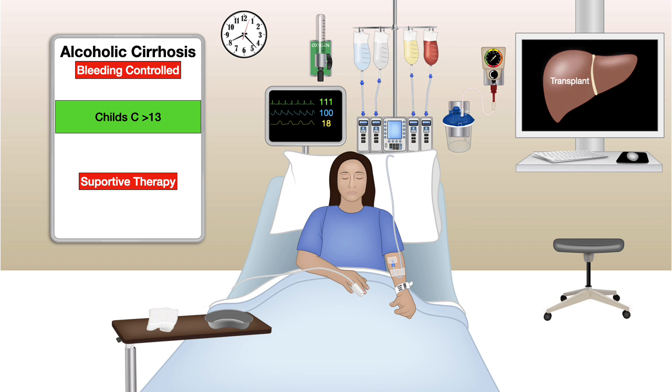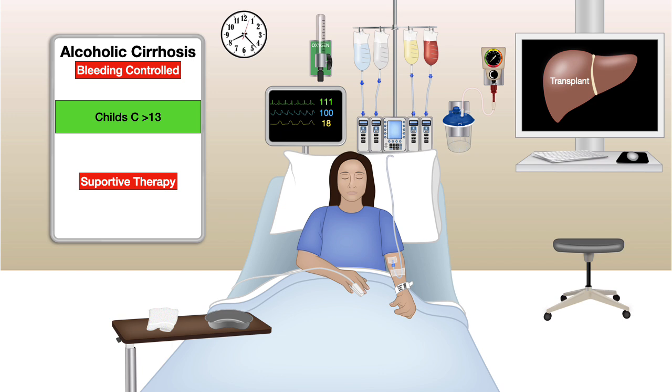So we talked about how to manage variceal bleeding, medical management consisting of octreotide, antibiotic, restrictive transfusion strategy, avoiding fresh frozen plasma, cryoprecipitate, and platelets, endoscopy within 12 hours, endoscopic variceal banding as the treatment of choice.